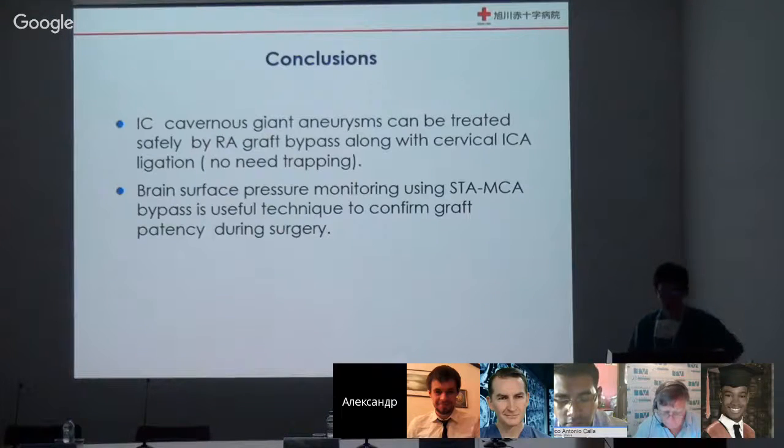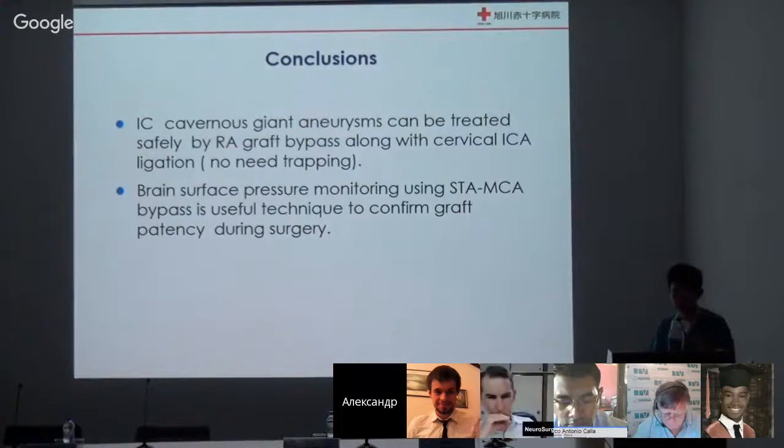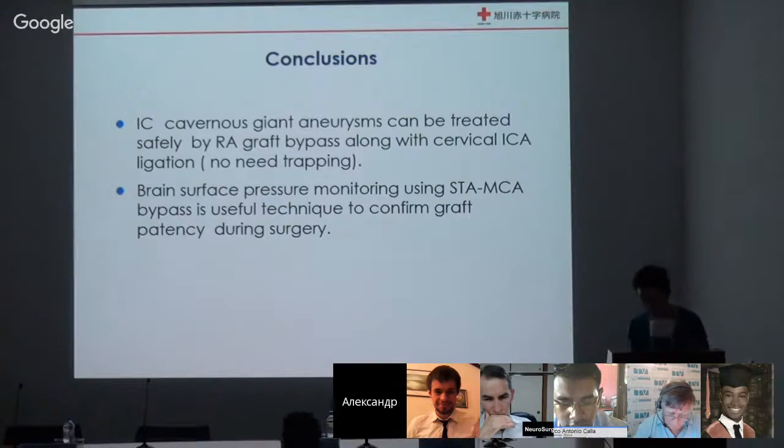ICA cavernous giant aneurysm can be treated safely by radial graft bypass along with cervical ICA ligation. No need for trapping. Brain surface pressure monitoring using the STA-MCA bypass is a useful technique to confirm graft patency during surgery if you don't have ICG or Doppler. Thank you for your attention.